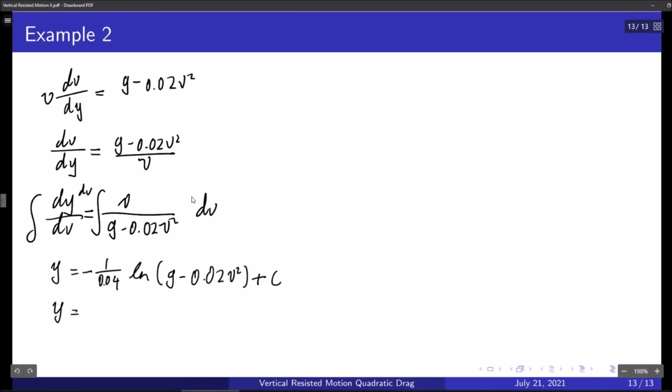Once again, we can simplify: y equals negative 25 log g minus 0.02 v squared plus c.